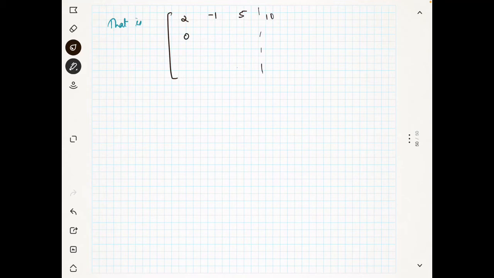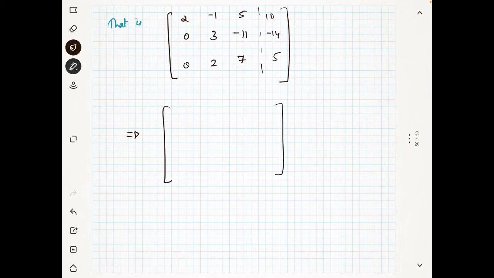Now this becomes 0, 3, minus 11 and minus 14, and this has become 0, 2, 7 and 5, right? Now I am going to do some other operation. What is my operation? I am going to change my row 3 because I want to make this 0. You see here, this I want to make as 0.